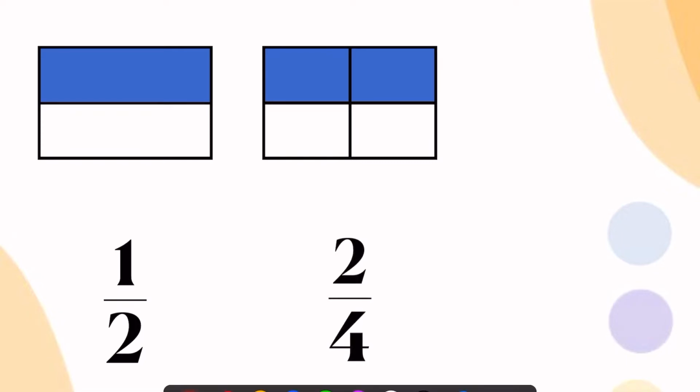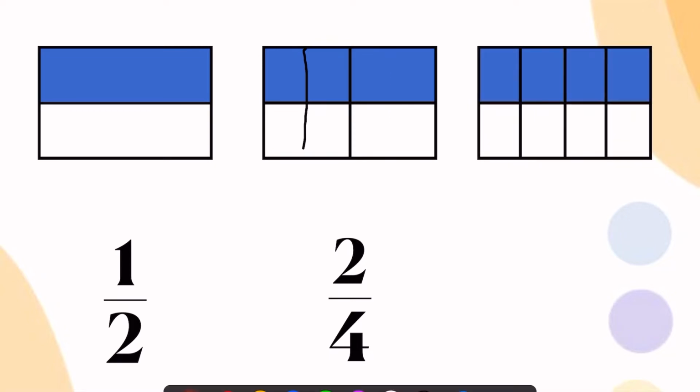So, as you can see, they have different numerators and different denominators, but they represent the same thing. The picture doesn't change, only the numbers change. If I divide this picture into 8 equal parts, this is what we get. Can you tell me what this fraction is?